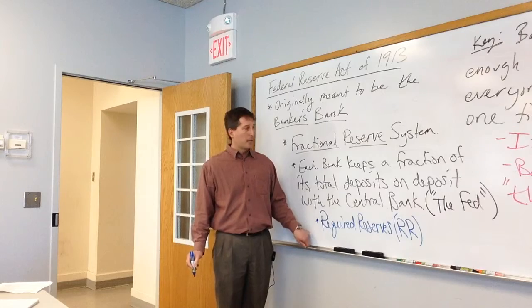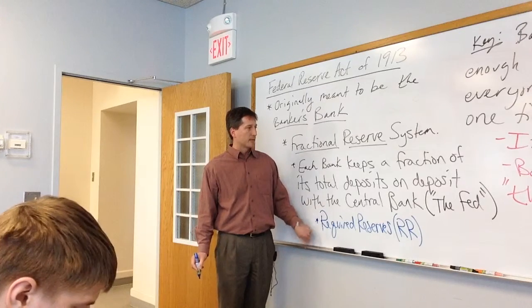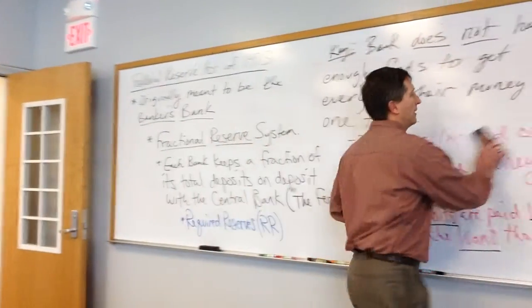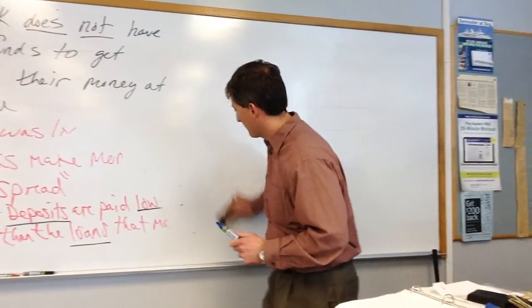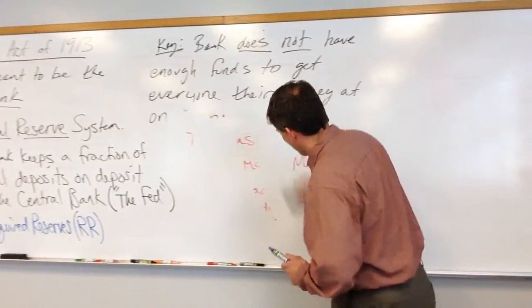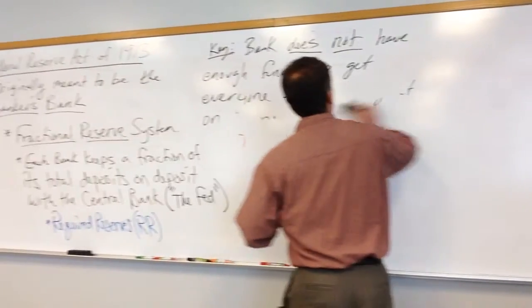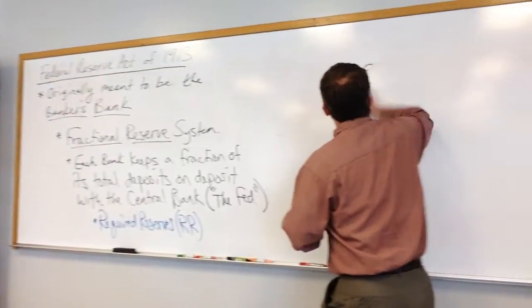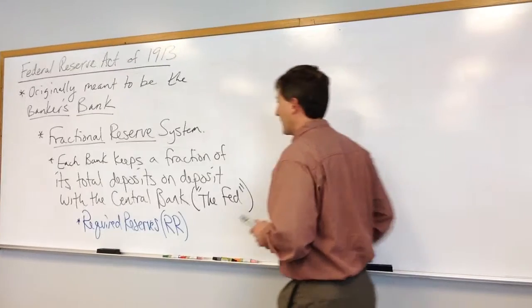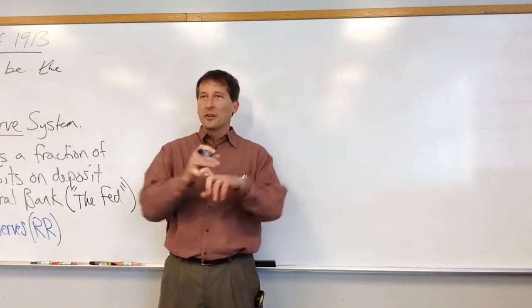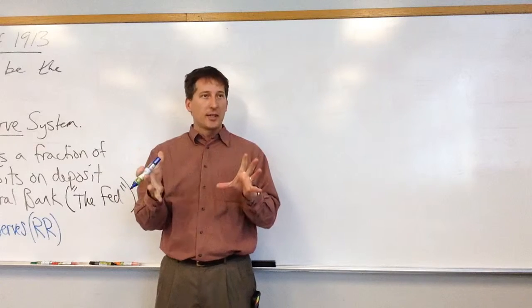That is the amount of funds that they have to keep on hold with the Fed. That way, if someone comes in and asks for a withdrawal, they're not saying, well, we don't have your money right now. So the amount they're required to hold back should be enough to handle the normal transactions for the day, right?